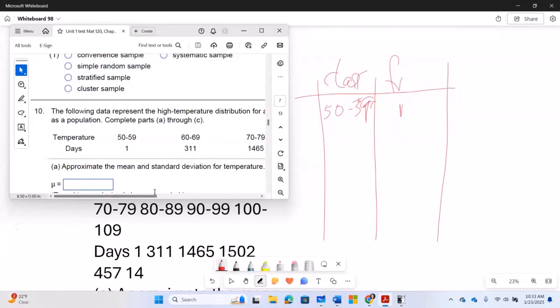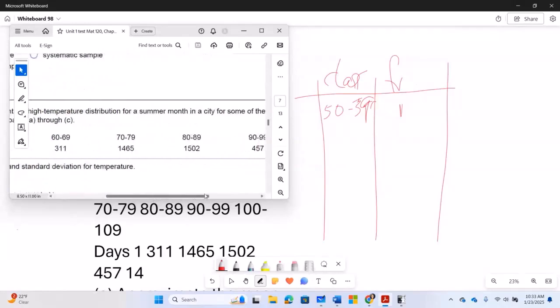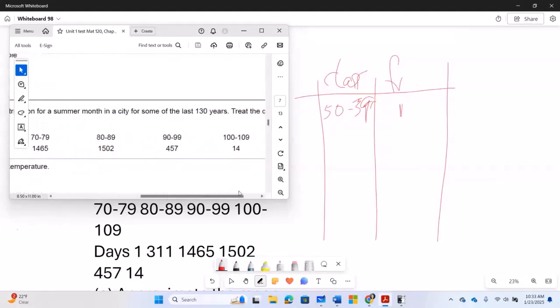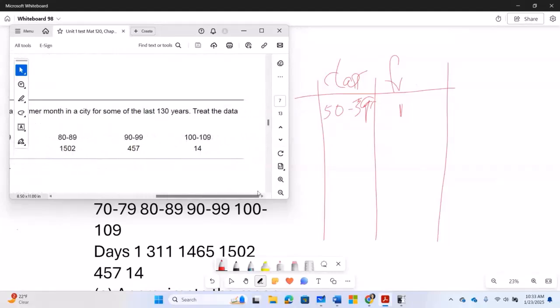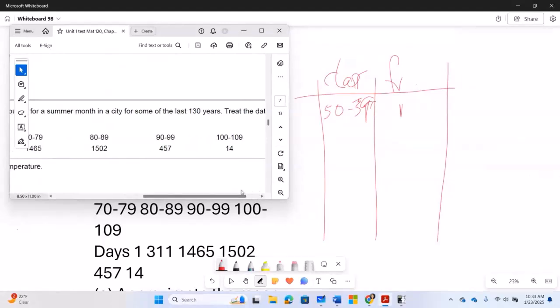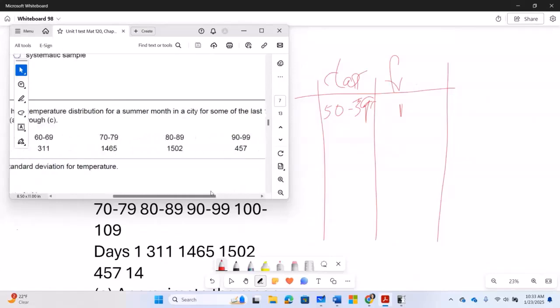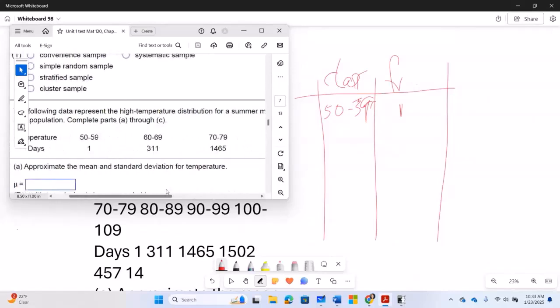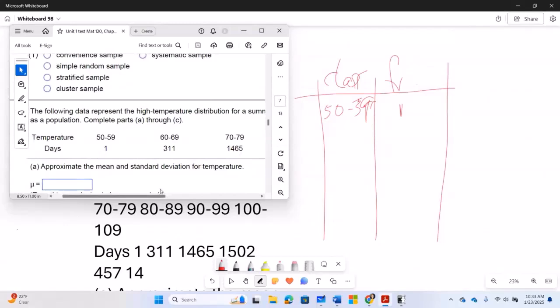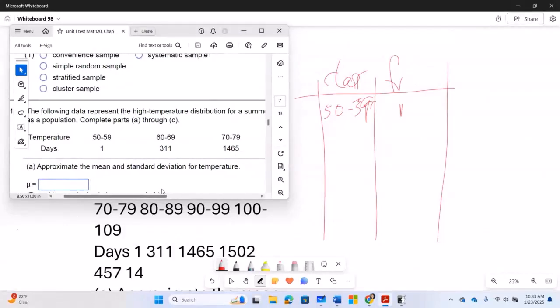What is the interval? How many years are they talking about? For a summer, in a city, for 130 years. I see. So the data ranges over 130 years. For 130 years, the temperature was between 50 and 59 on one day only.